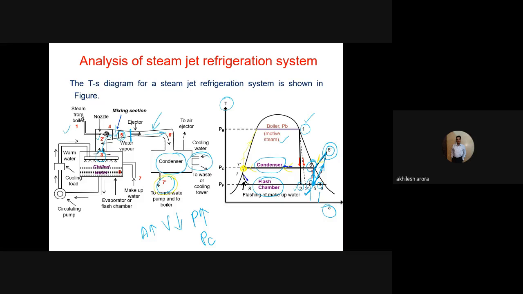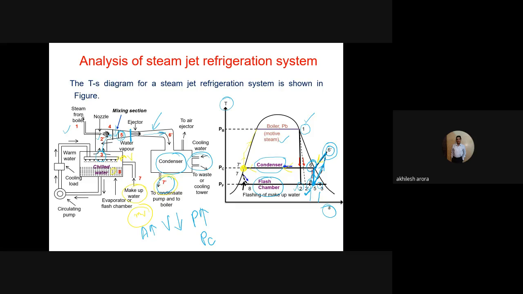Okay, and then let us talk about the makeup water now, because there is some mass of the vapor, mv, which has been entrained by this steam. So there is loss of mass here. So we are adding that much mass of water here into the evaporator. So if mv mass is evaporated, we are adding the same amount of mass into the evaporator chamber actually.